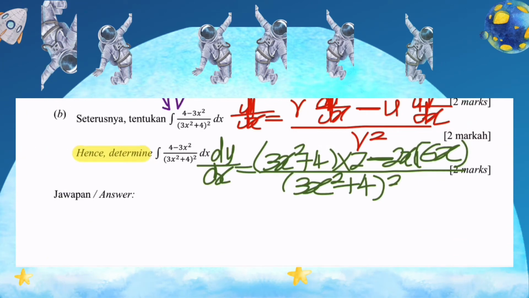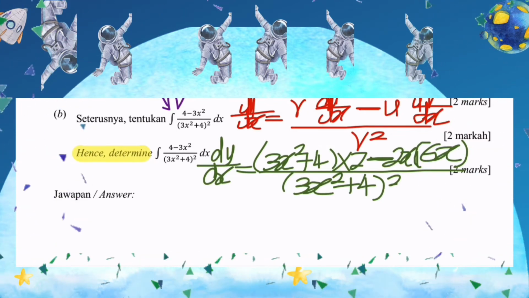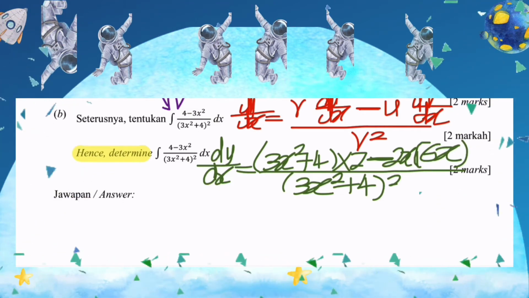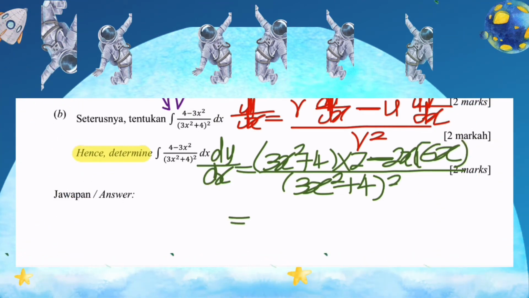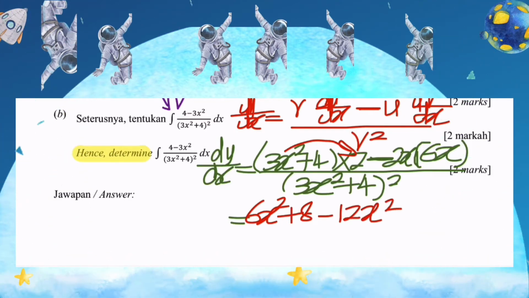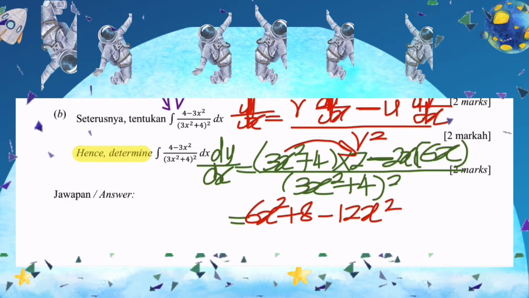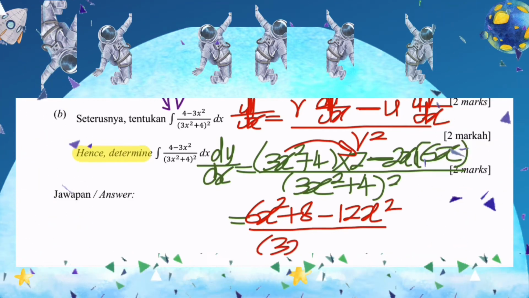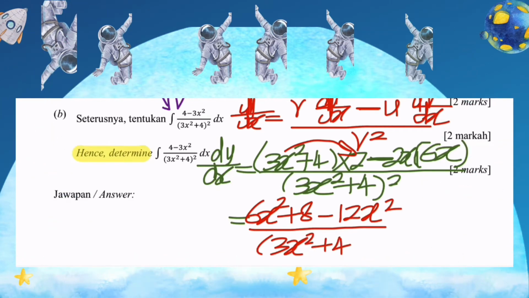Now we need to expand further so that we can simplify. So dy dx is equal to 2 times 3x squared, which is 6x squared, plus 2 times 4, which is 8, minus 2 times 6 is 12, x times x squared, over 3x squared plus 4 squared.